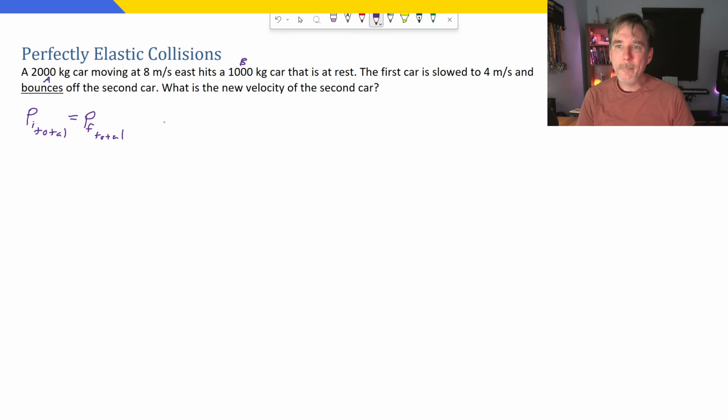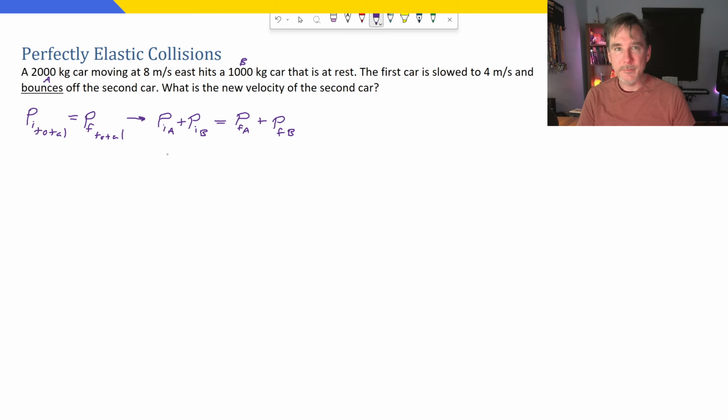So what that means is the initial momentum of car A plus the initial momentum of car B will be equal to, and they bounce off each other, the final momentum of car A plus the final momentum of car B. I'm re-emphasizing the momentums because now we have to use the equation for momentum.